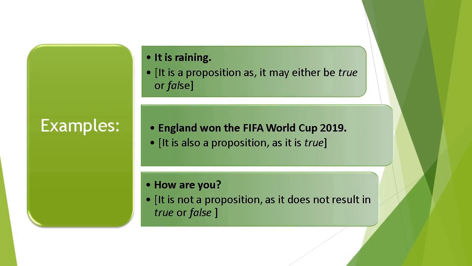Here are some examples of propositional logic or sentences. It is raining. It is a proposition, as it may be either true or false. England won FIBA World Cup 2019. It's a proposition. It is true. How are you is not a proposition, as it does not result in true or false.